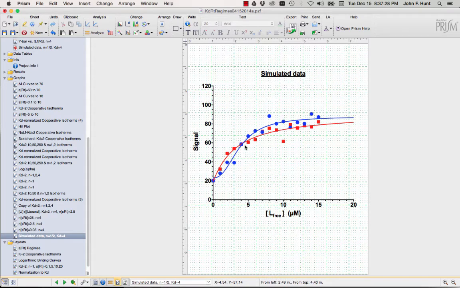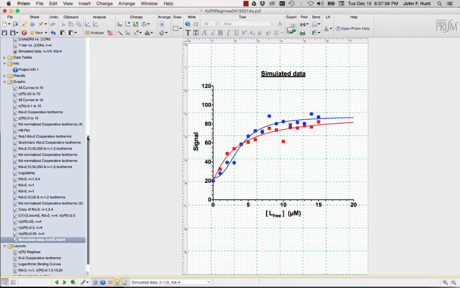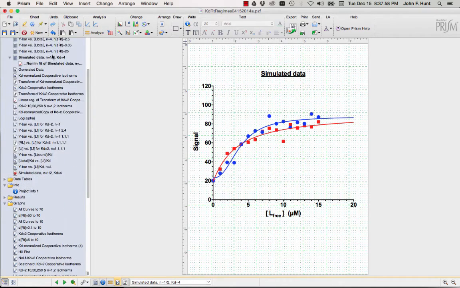If that's true, the full saturation should only be achieved somewhere way above 15 micromolar. And so when we look at the nonlinear curve fitting, we see that these curves really are continuing to go up, and that we really are still not close to the fully saturated value. But the baseline and delta parameters estimated from the nonlinear curve fitting will now give us the most probable estimate, based on that binding model, of the fully saturated value. So let's go up and take a look at that.